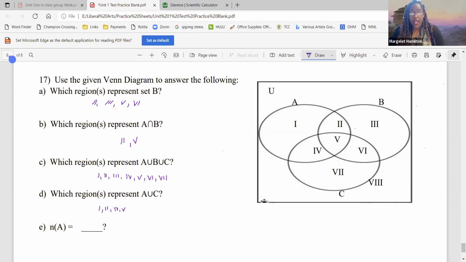And 6. Okay. 6 and 7. So everything right here in those 2 circles. So 1, 2, 4, 5, 6, and 7. Is everybody okay?